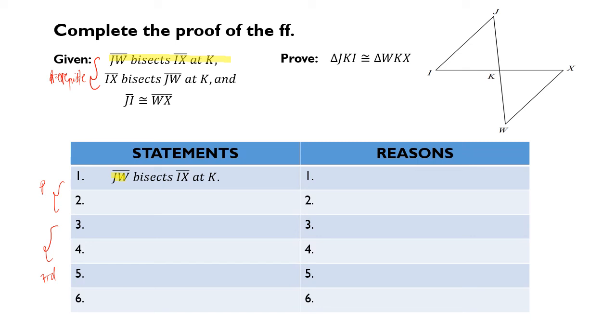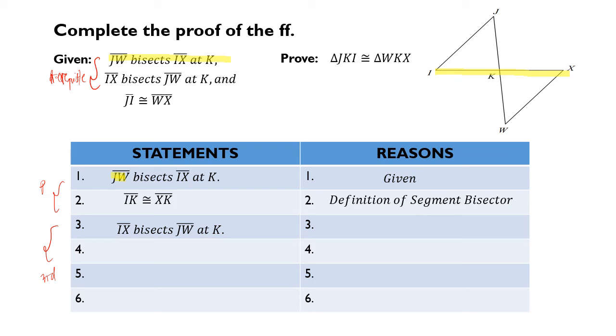Kasi nga, si JW is the bisector. So, look into the given problem here. Where is side IX? Okay, let me highlight. Take note, side JW here is the bisector. And you are dividing IX into 2 equal parts. Okay? So, let me highlight the given. Given na yan siya automatically. So, here we can say, okay, nauna na siya.